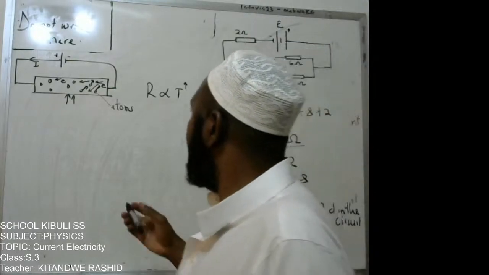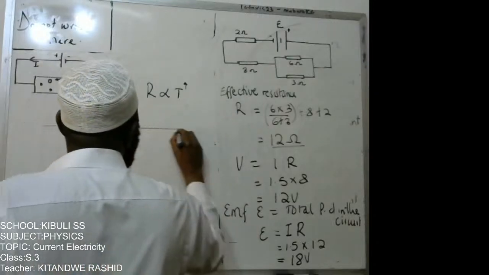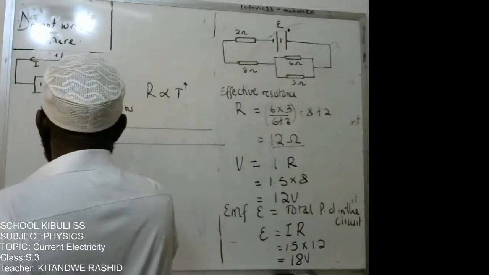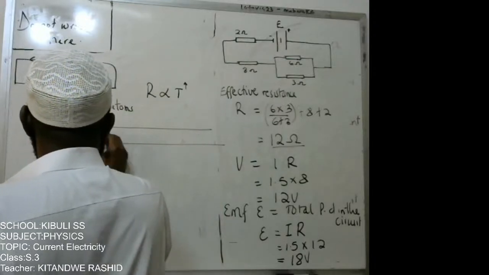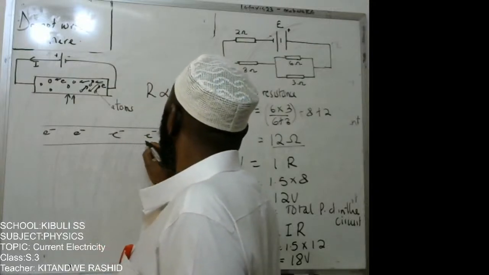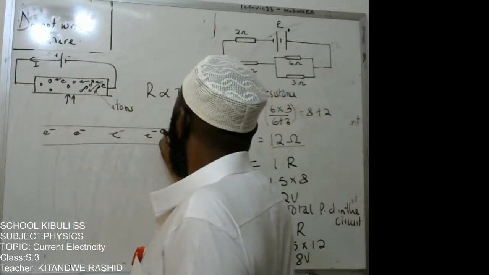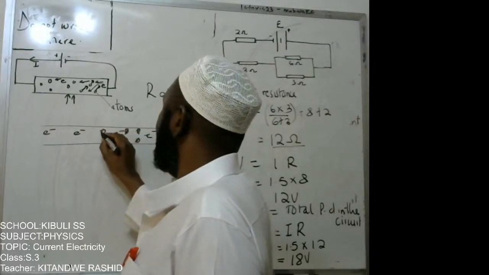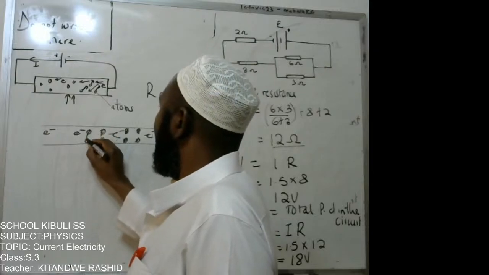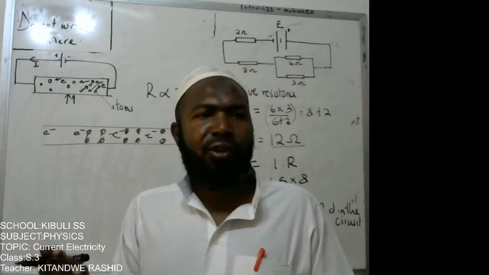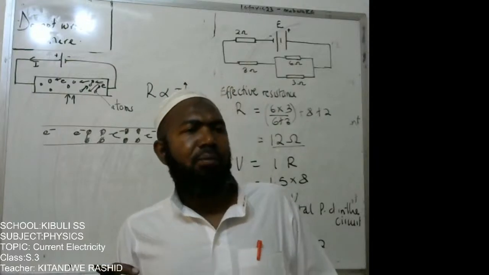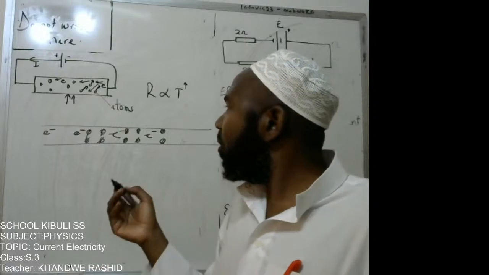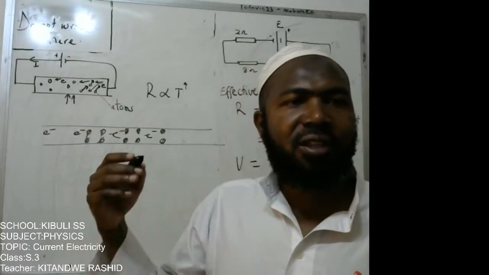Meaning that if the conductor is very long, these moving electrons are going to meet more atoms along the way, reducing the speed with which they are moving. And once the speed reduces, it implies that the current reduces, and therefore resistance increases.